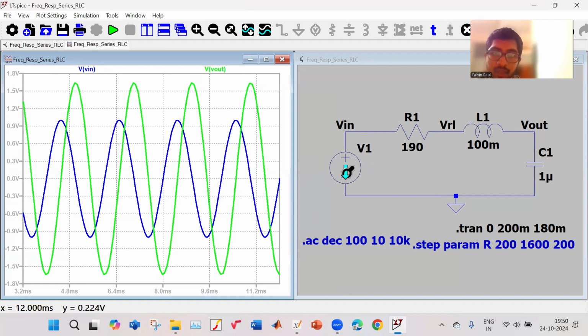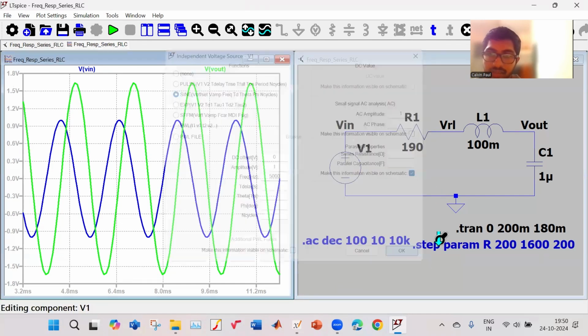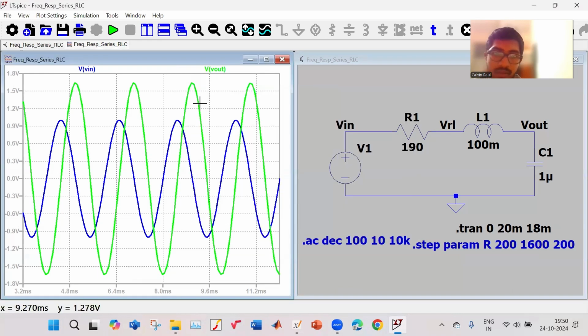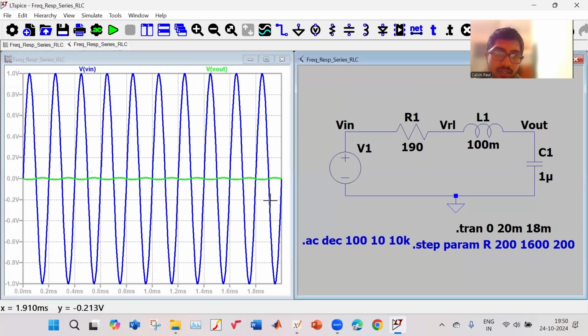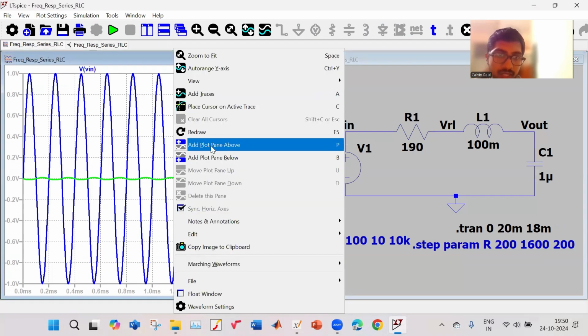Now let us consider a case when the frequency is 10 times the natural frequency. Let me run the analysis. So now you can see that the output is very small as compared to the input. In this case, let me use another plane.